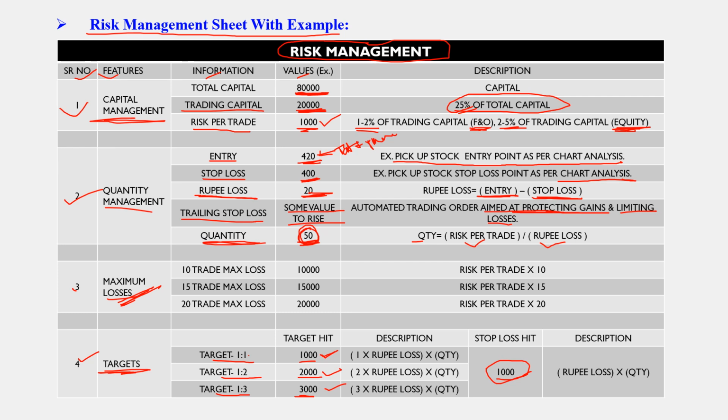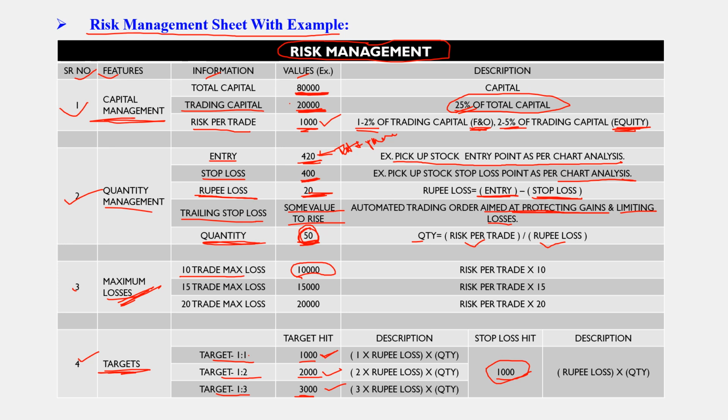Let's consider our trades are back-to-back losses. When we lose 10 trades back to back, only 10,000 will be lost from our trading capital, right?